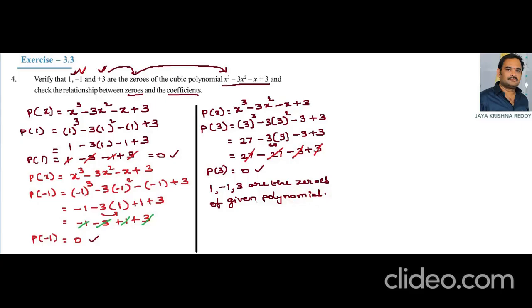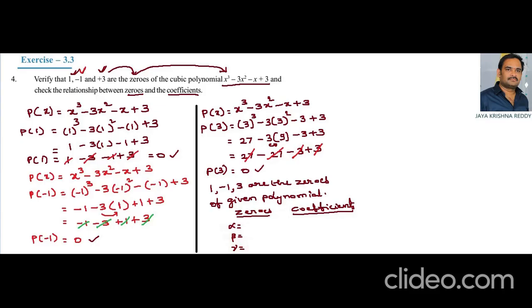Okay, now let us compare the relationship between the zeros and the coefficients of the cubic polynomial. So let us write the zeros on one side and the coefficients on another side. The zeros we consider as alpha, beta and gamma.